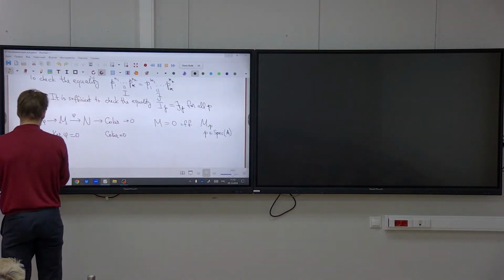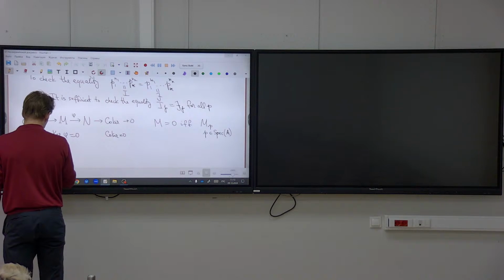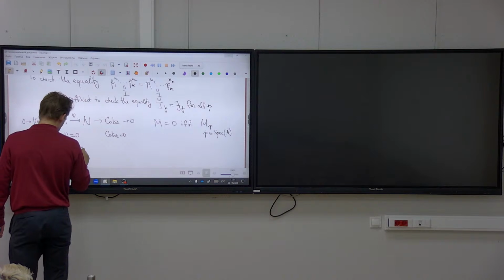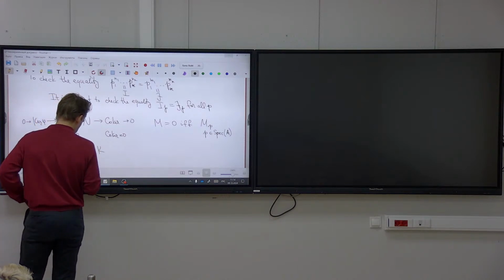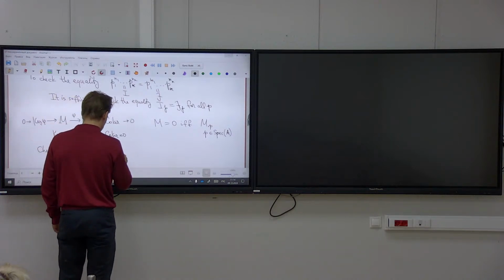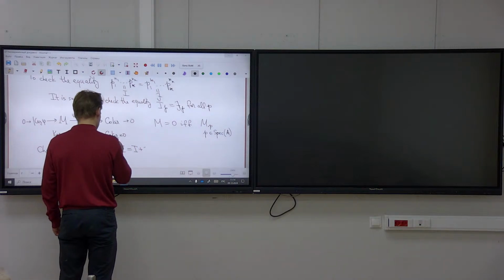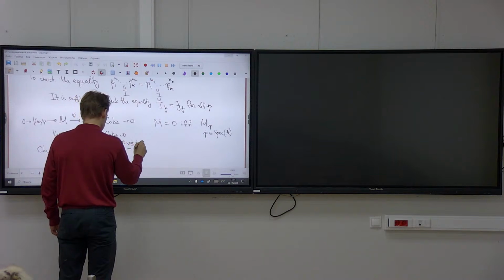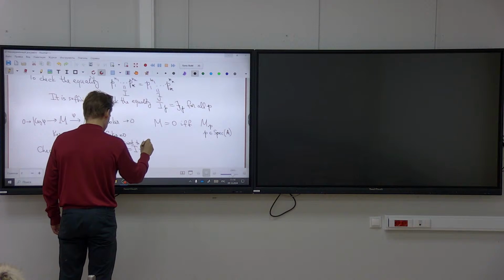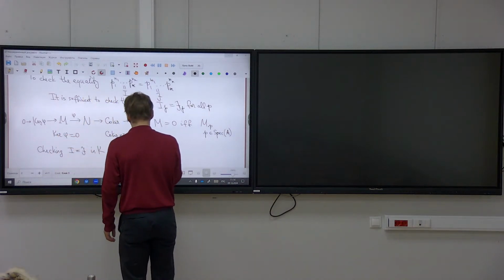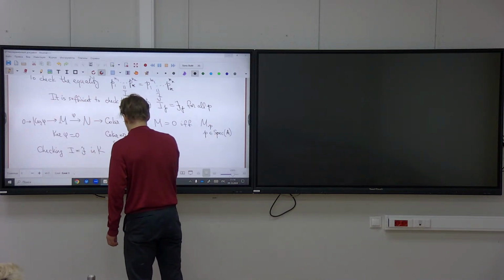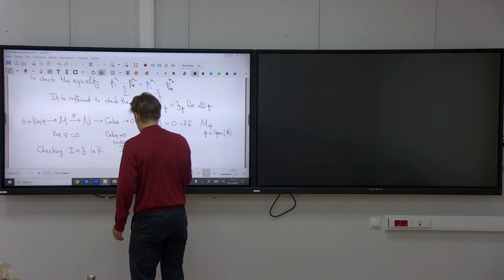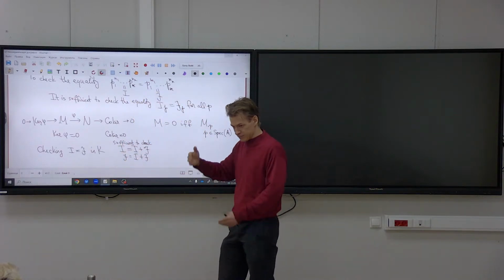Checking that I is equal to J in the fraction field K, it is sufficient to check that I is equal to I plus J and J is equal to I plus J, so that they are trivially contained in this module.